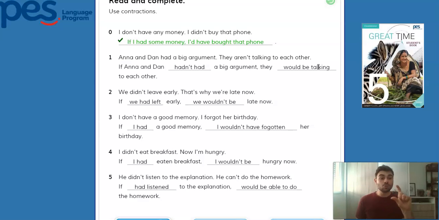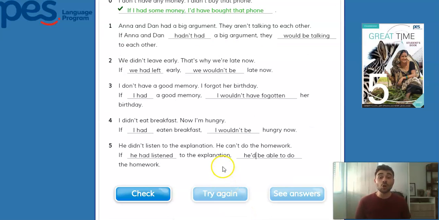So when we have to connect the idea of ability with would, we need to change to be able to, okay? So if he had listened, very important. If he had listened to the explanation, let's try he'd be able to do the homework. All right? So let's check and see if we got them right.